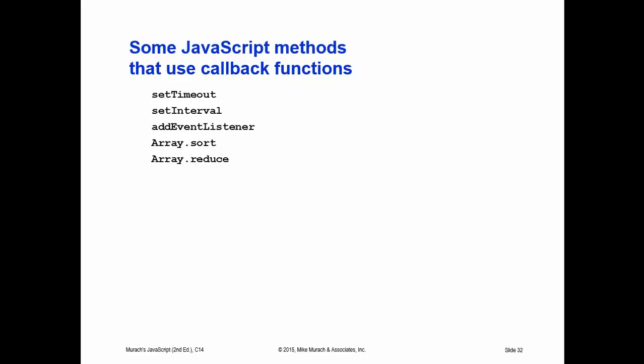Two reasons to use callback functions. Number one, they create asynchronous code in which you pass the function at one time, but it won't be called until later. Second, it allows you to create utility code that is flexible enough to be used in a lot of situations with a lot of different data types.